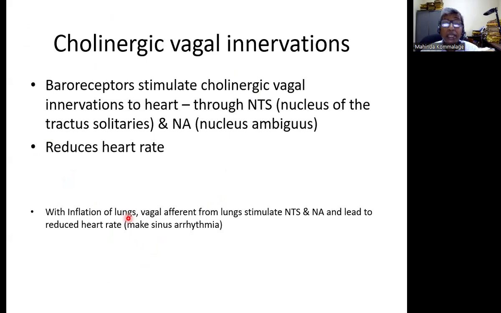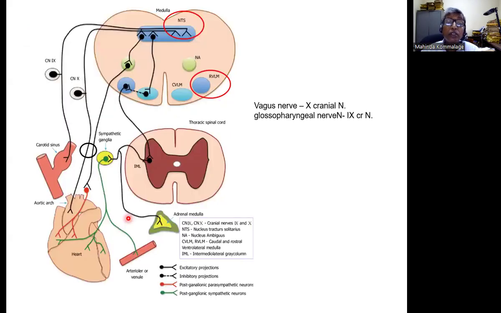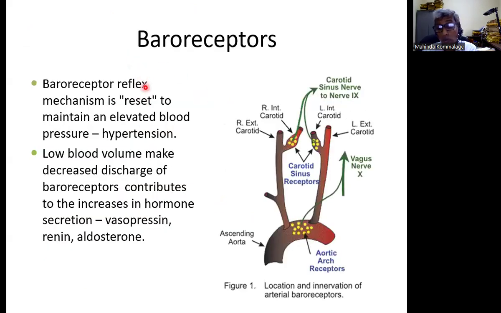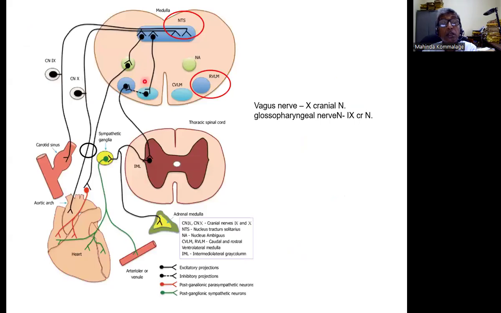And cholinergic innervation, so that is what I mentioned, this innervation through the nucleus ambiguous, right? Cholinergic innervation of the heart means the parasympathetic supply will come through this pathway, through the nucleus ambiguous and the vagus nerve. This is the vagus nerve, the parasympathetic supply, right?